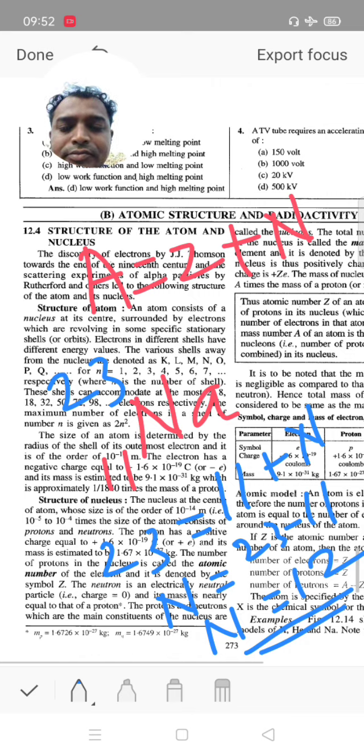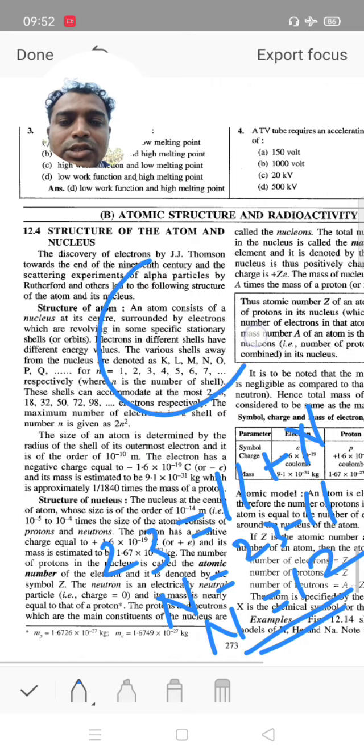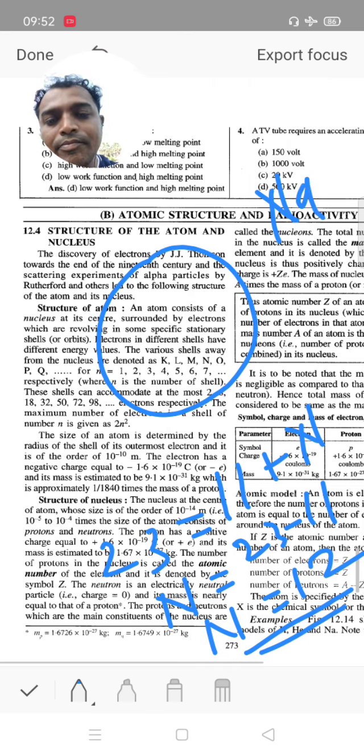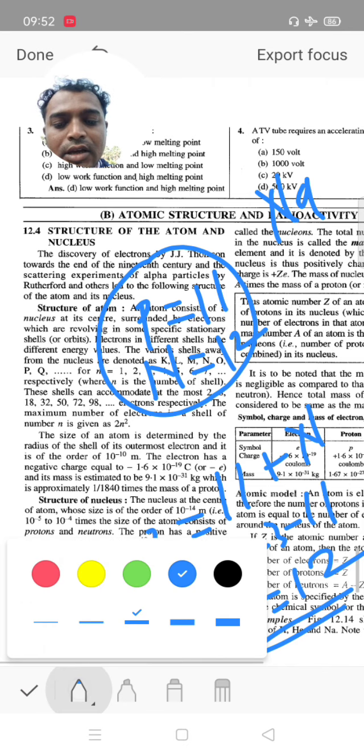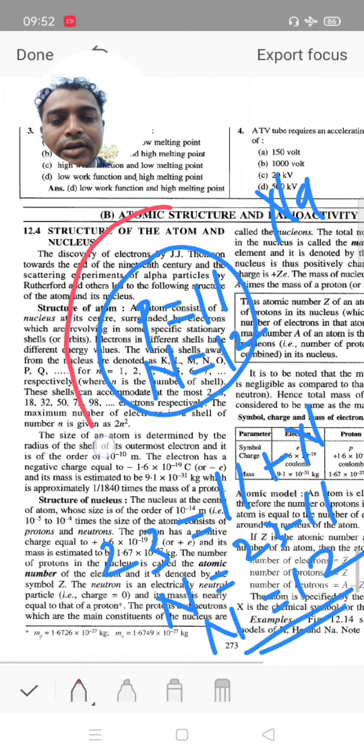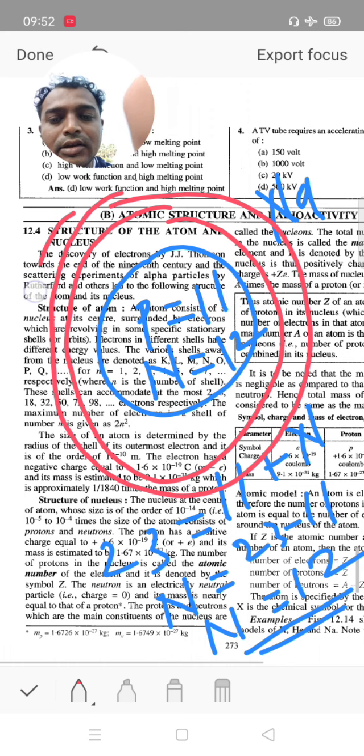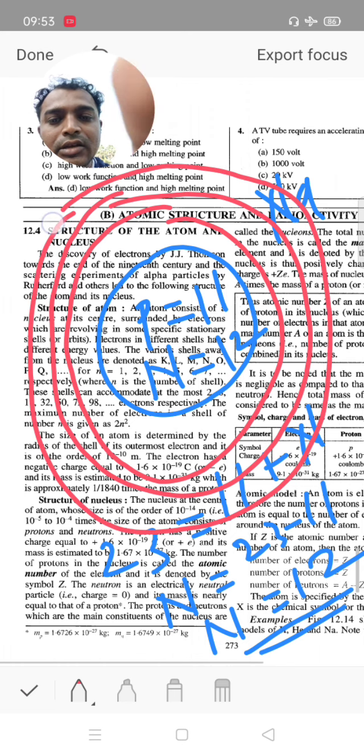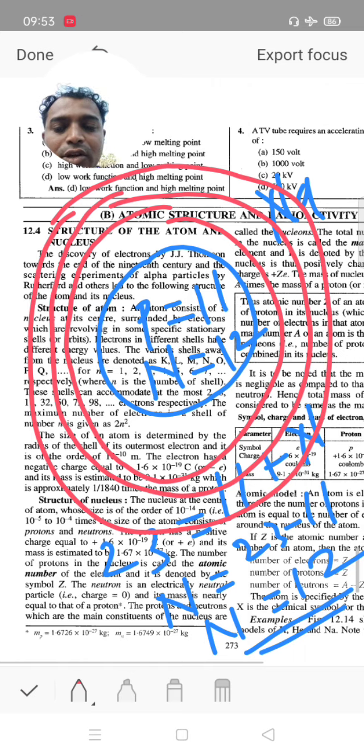Now this sodium contains 11 protons and 12 neutrons, and the electron configuration is 2, 8, 1.